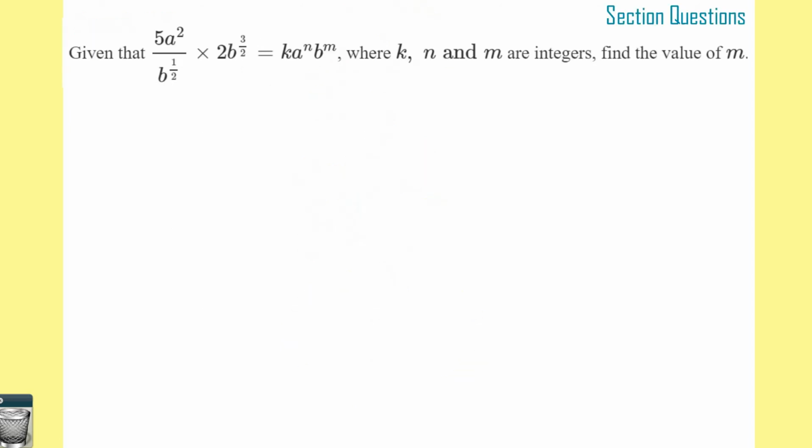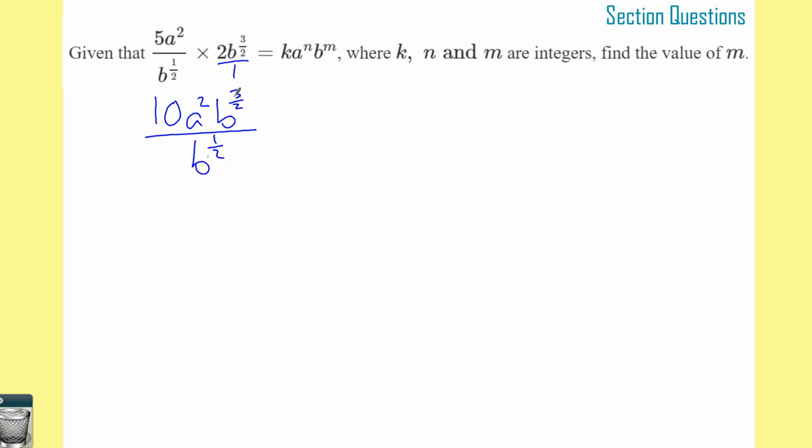All right, some section questions. Okay, so we apparently can simplify this left-hand side to look like this. So put all my a's and b's together. So let's just go ahead and multiply these two things. I'll write this as a fraction. I'll multiply what's on top, so I'll end up with 10 times a squared b to the 3 over 2 over b to the 1/2.